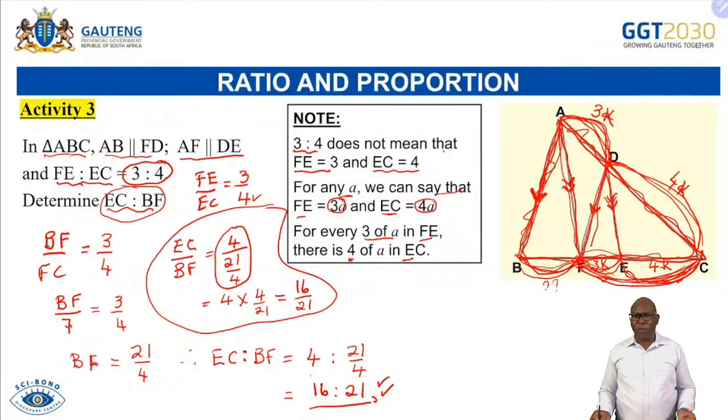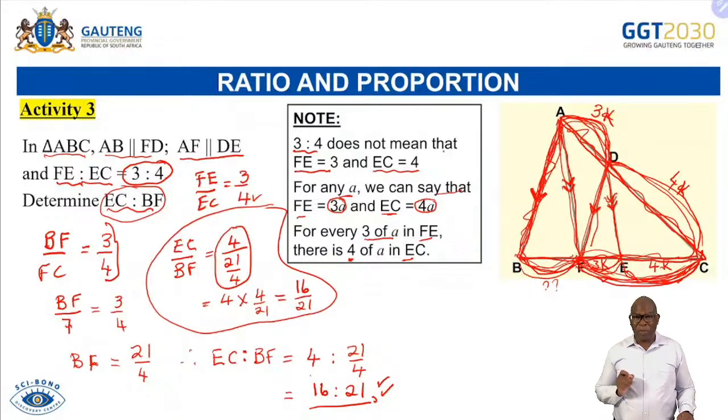We need to get full marks in this question, as long as we can see which parallel lines you are using. You see, with these ones, the parallel lines that we're using, AB is parallel to DF, because it's BF over FC equals AD over DC. So we're using those parallel lines. But for us to get 3 over 4, for that other one, we've used AF and DE as parallel lines.